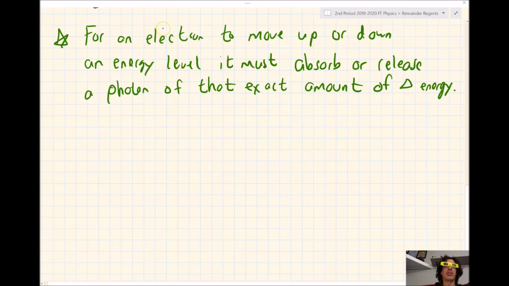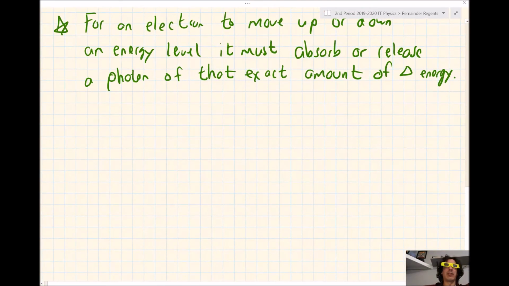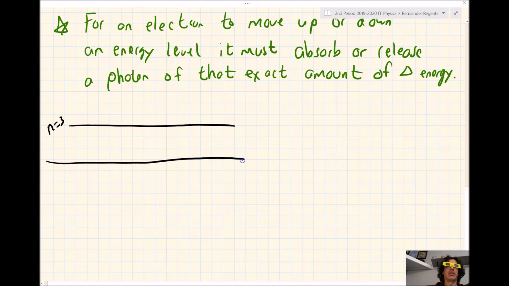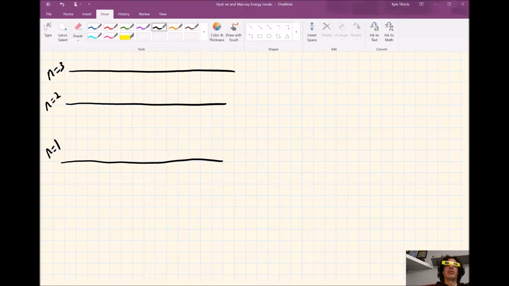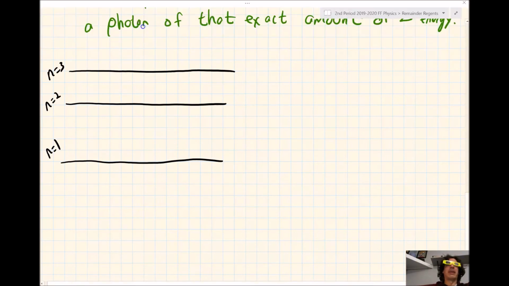Let's draw a picture of what it looks like when an electron releases a photon. So we'll look at 3 different energy levels: n equals 3, n equals 2, and n equals 1. So let's say we have an electron at n equals 3. One possibility is that the electron can go from n equals 3, disappear, and then reappear at n equals 2 and release a photon.